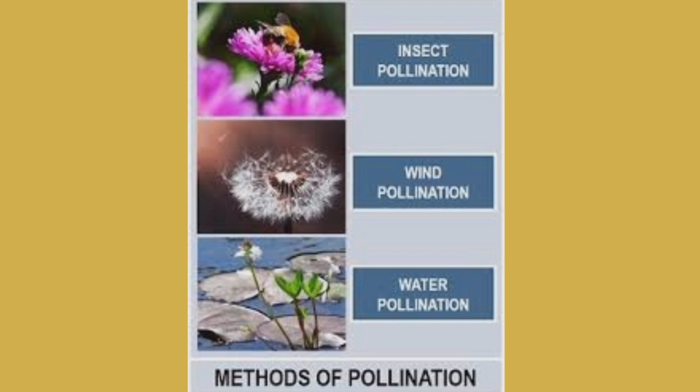Water pollinated aquatic plants produce flowers that have very light pollen grains in large numbers. These pollen grains remain floating till they meet the stigma of another flower. These are said to be pollinated by water. Example, Vallisneria. Bird pollinated: some flowers are even pollinated by birds.